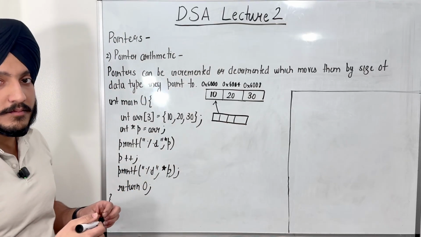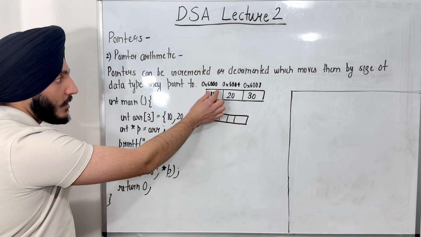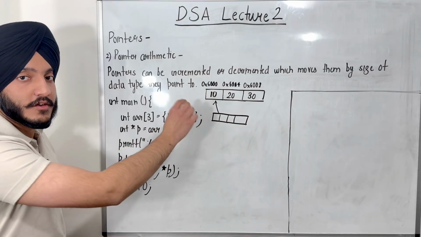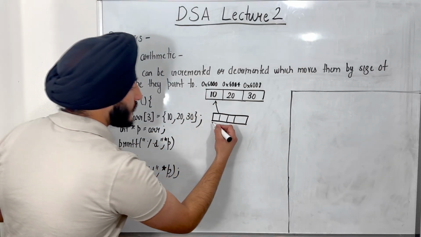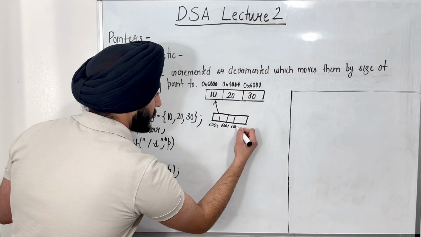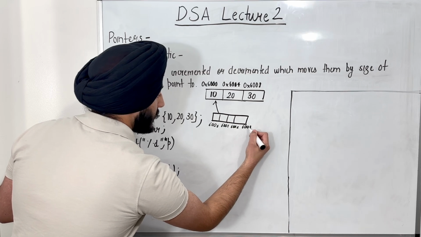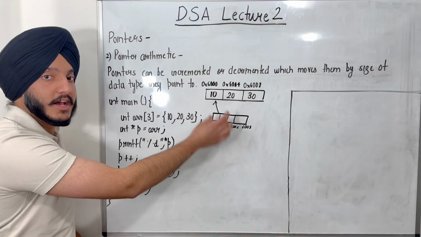So let's try to understand what this means. This array would actually start at the address 0x6000. So the 10 would occupy the space from 6000, 6001, 6002, and 6003. This is how much space this 10 would actually need inside the memory.